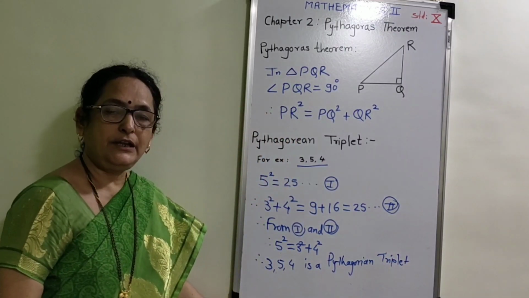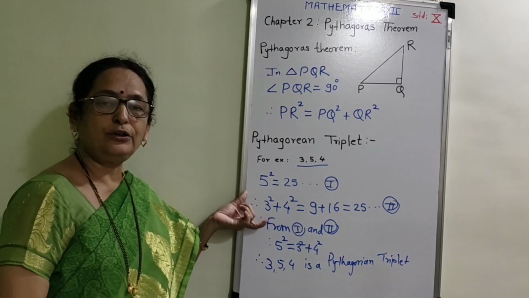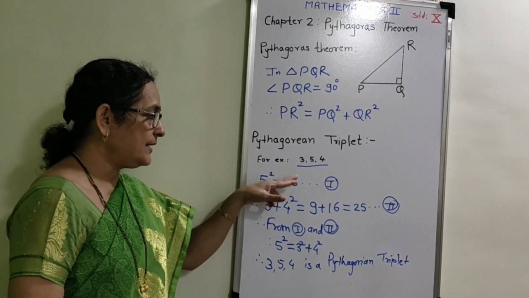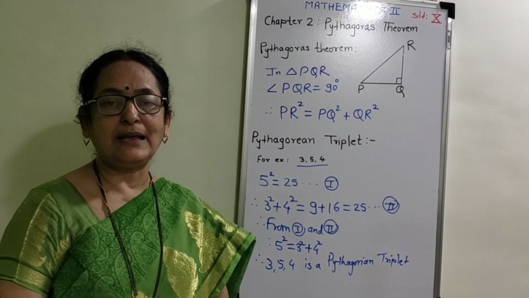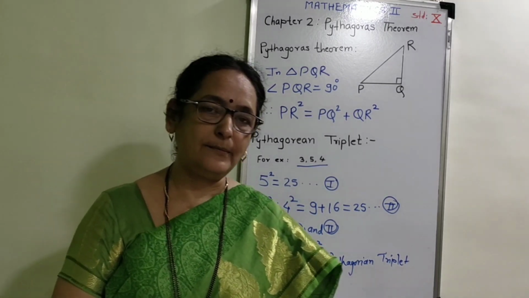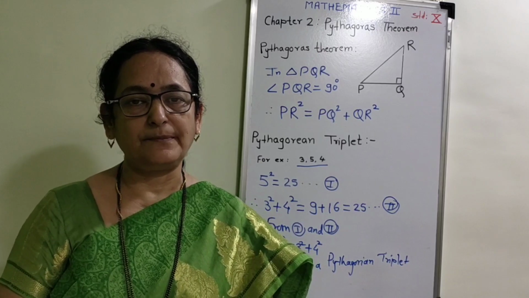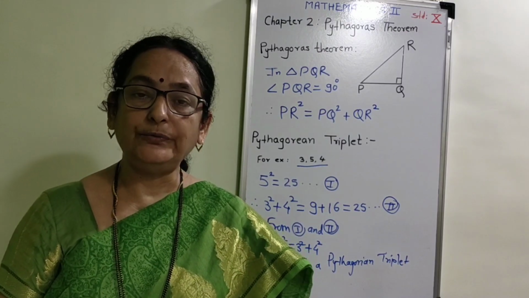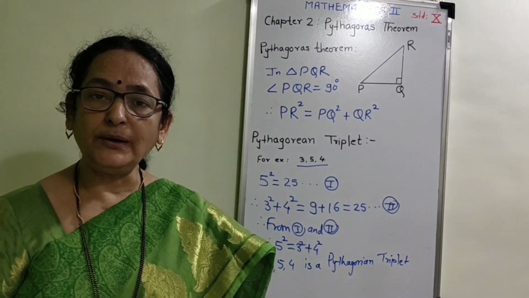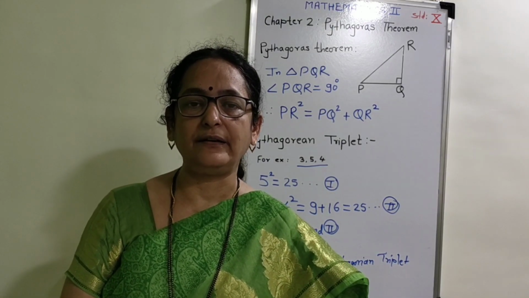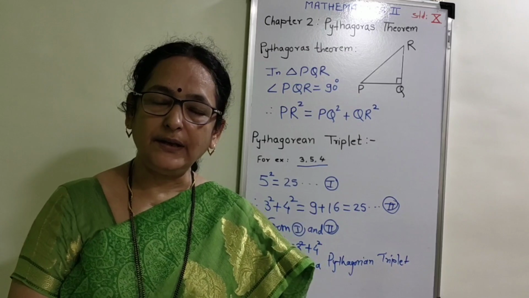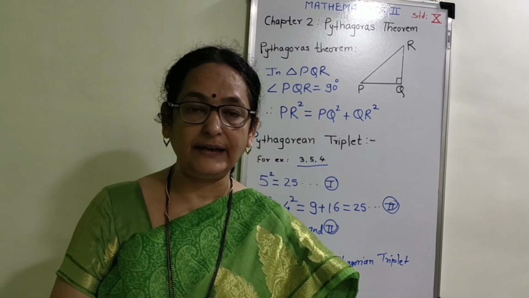Now, in your exam, you will get 1 or 2 mark examples where three natural numbers are given and you are going to determine whether the given numbers are a Pythagorean triplet or not. Now, we are going to revise two important theorems which we have already completed in 9th standard, that is, the theorems which are related with right angle triangle.